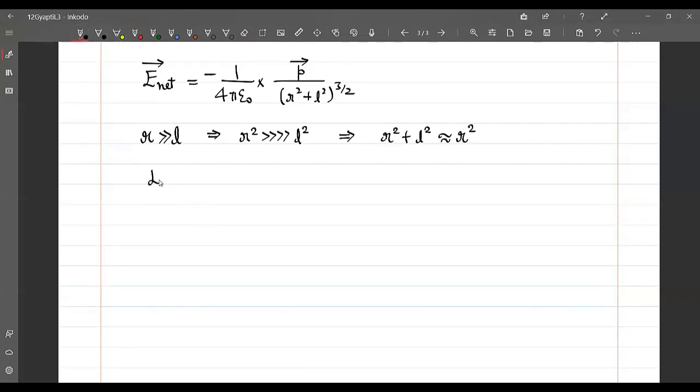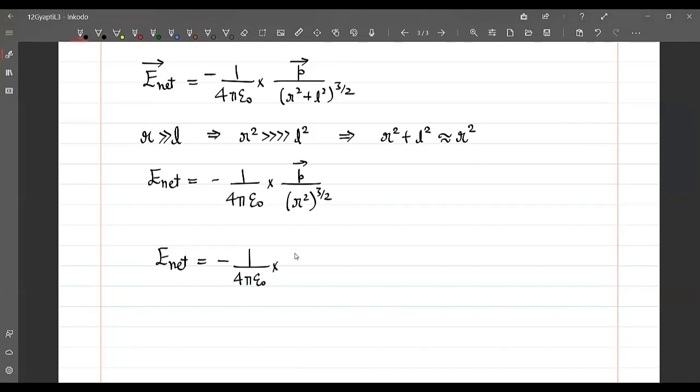So if I put this value, I'll get E net is equal to minus 1 by 4 pi epsilon naught into P vector. R square plus L square becomes R square to the power 3 by 2. This will give me the net electric field on the equatorial point as 1 by 4 pi epsilon naught into P vector upon R cube.